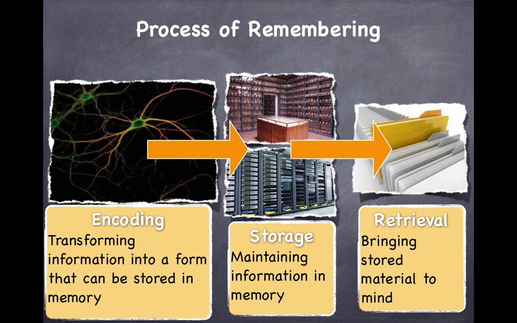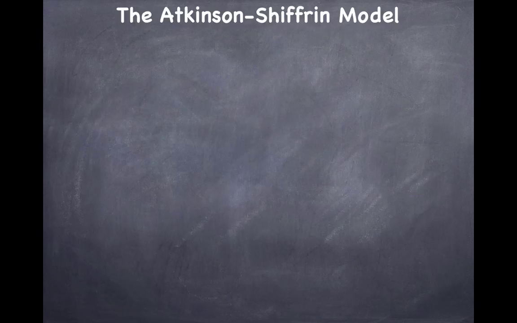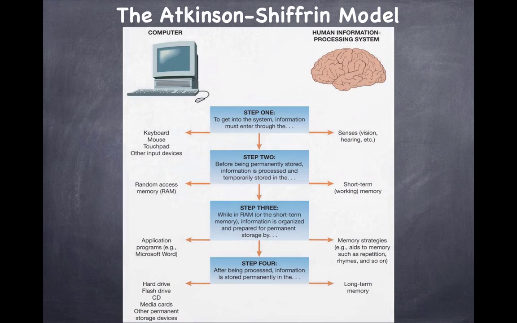Now, there have been many different theories that look at memory, where it comes from, and how it happens. We're going to look at one that's called the Atkinson-Shiffrin model. And this is a model that has come under some controversy lately because of new information we have. But this model is basically looking at the human brain as somewhat like a computer, an information processing system.